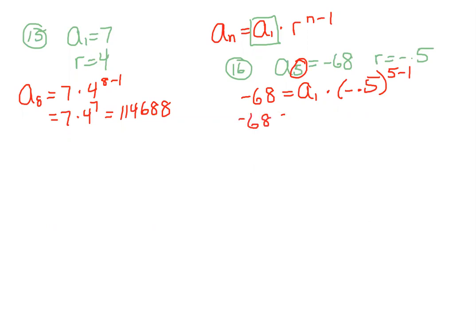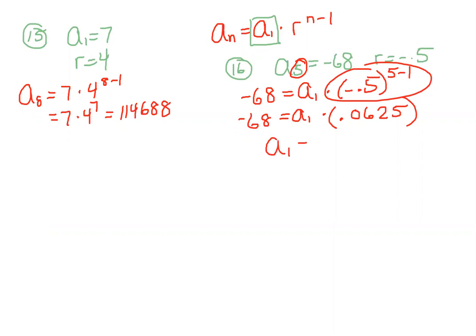We're going to first do this, negative 0.5 to the 4th power, which equals 0.0625, and then we'll divide by that so that we can solve for A1, and we should get that. Okay, so that's what you do when you're given an An and an R, and then that n tells you what that n is to find A1.